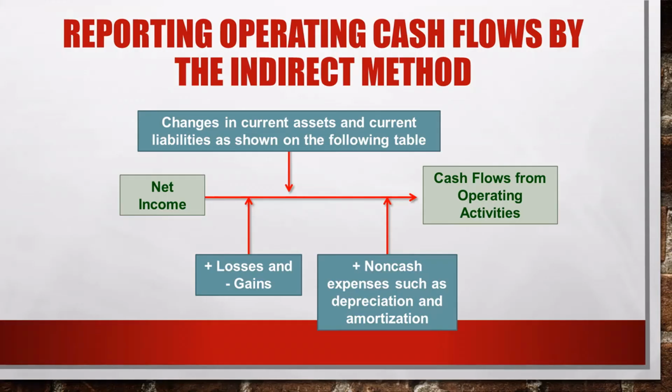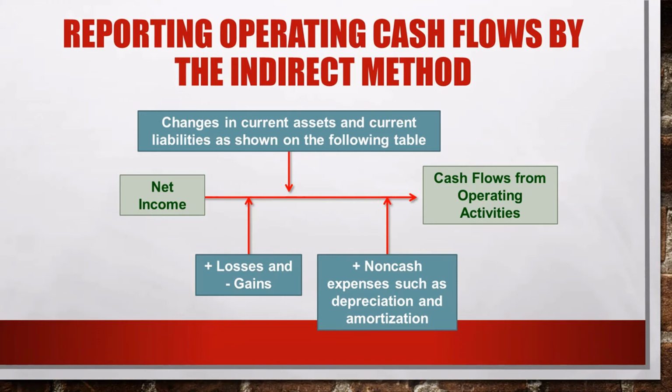Most companies use the indirect method, so let's look at how to prepare the operating section of the statement of cash flows using this method. The indirect method starts with accrual-based net income and makes certain adjustments to arrive at cash flows from operating activities.